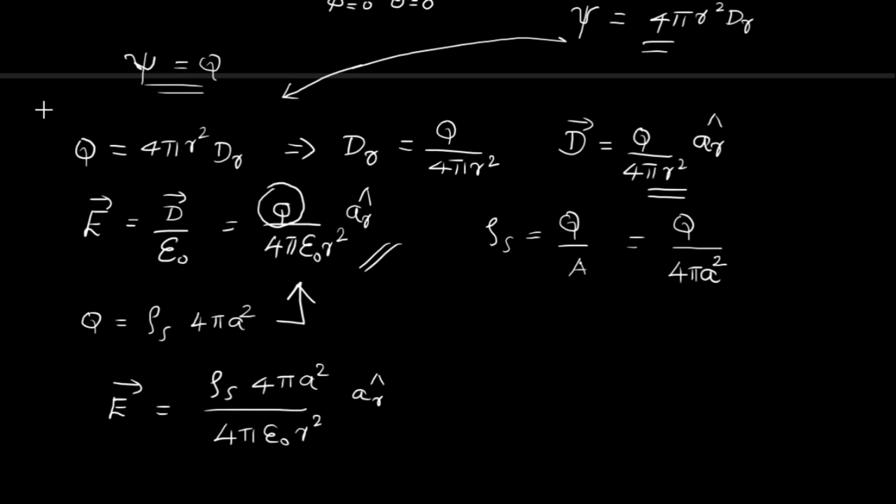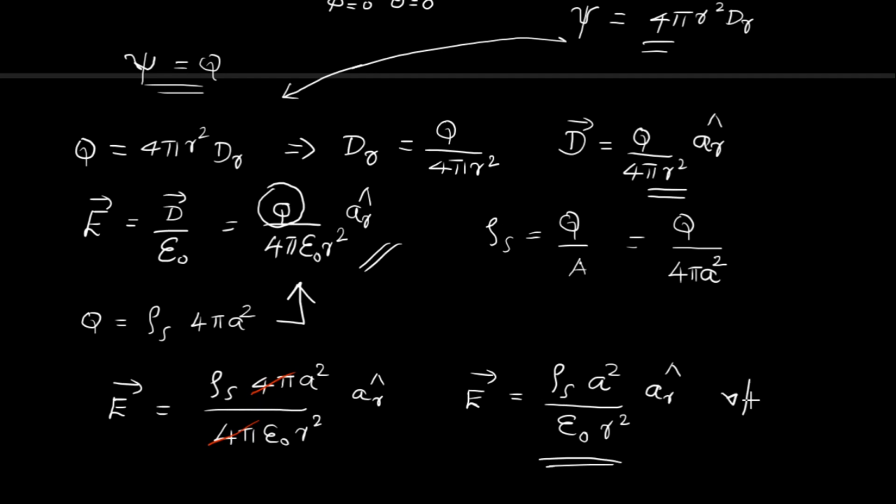As you can see, 4 pi and 4 pi cancel each other, and I'll have my E vector as rho s A squared divided by epsilon naught r squared ar cap. The unit of electric field is volt per meter.